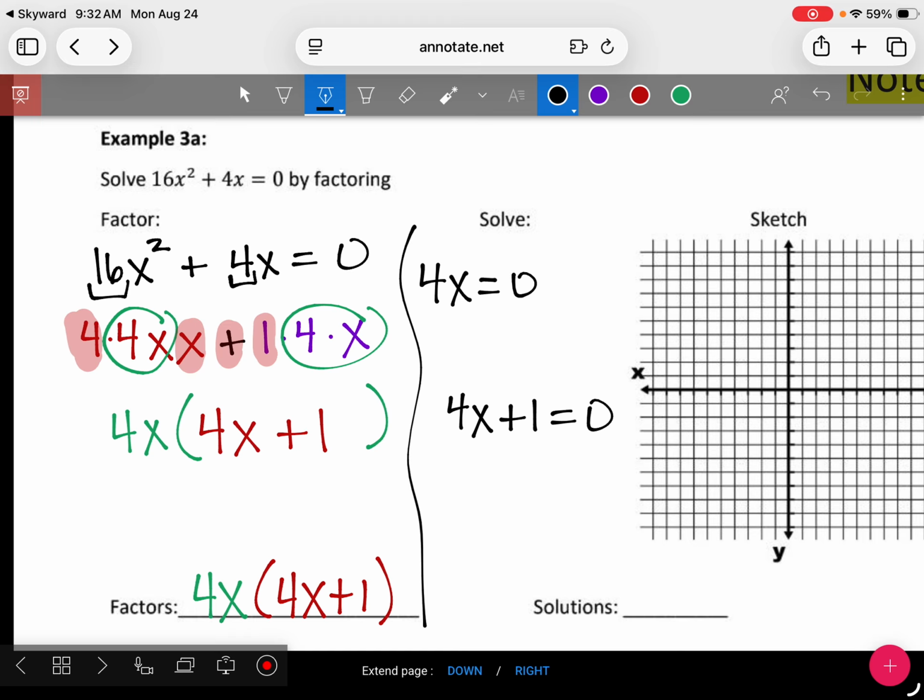One answer is a fraction, the other one is a 0.